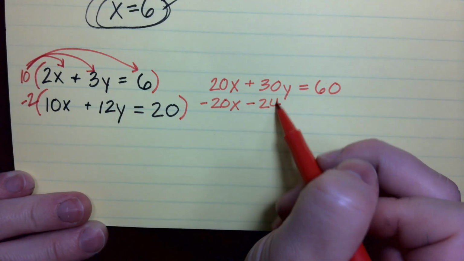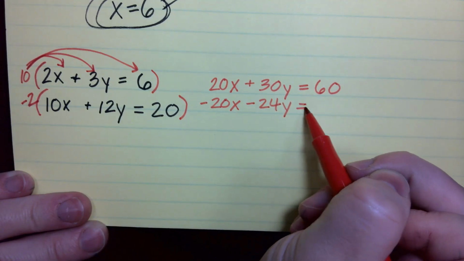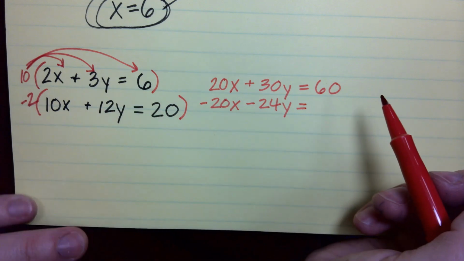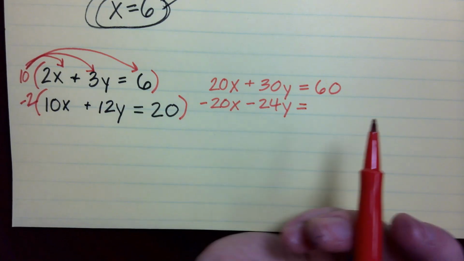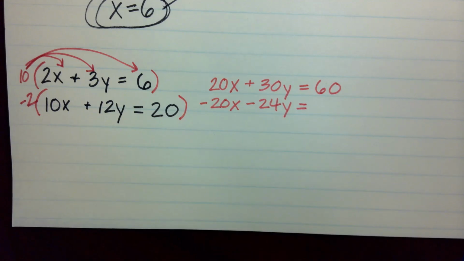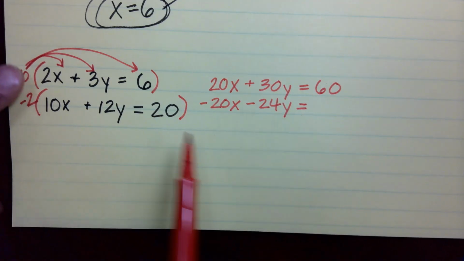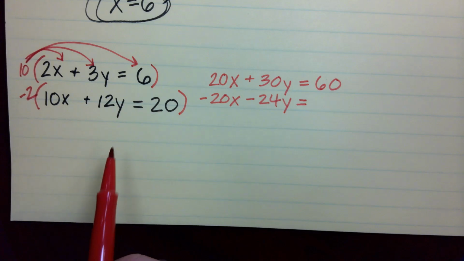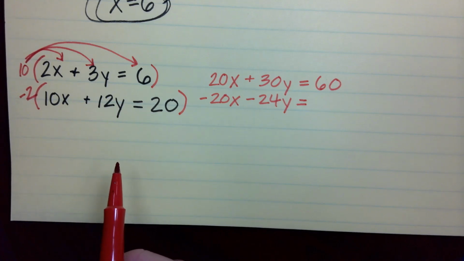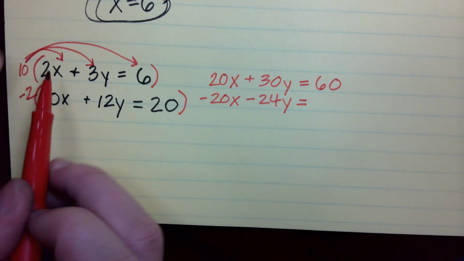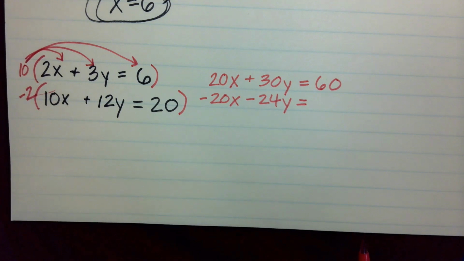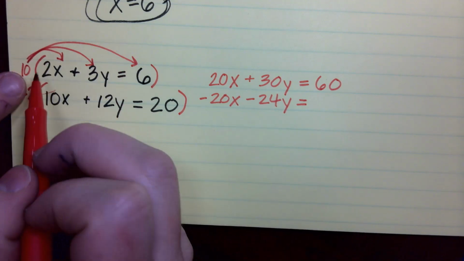Question for you. Besides just multiplying them by each other, couldn't we also do it by the least common multiple? You absolutely could. So if there was a number that was a little better, for instance, maybe the first number was 5, you could just multiply the top one by 5 so that they're both 10s.